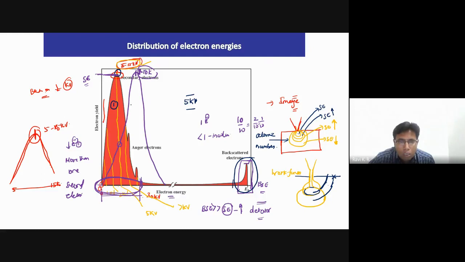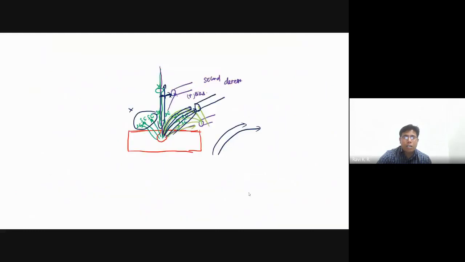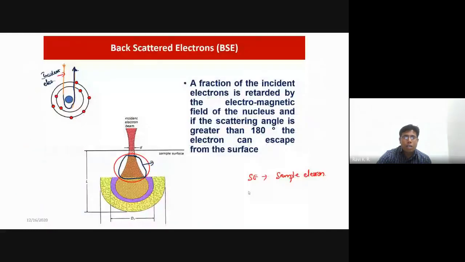Let's say you have electron energy up to this range, you don't get any backscatter electrons. Only when it goes to a sufficiently large kV value, so that you reach this level, then you get a sufficient number of backscatter electrons.